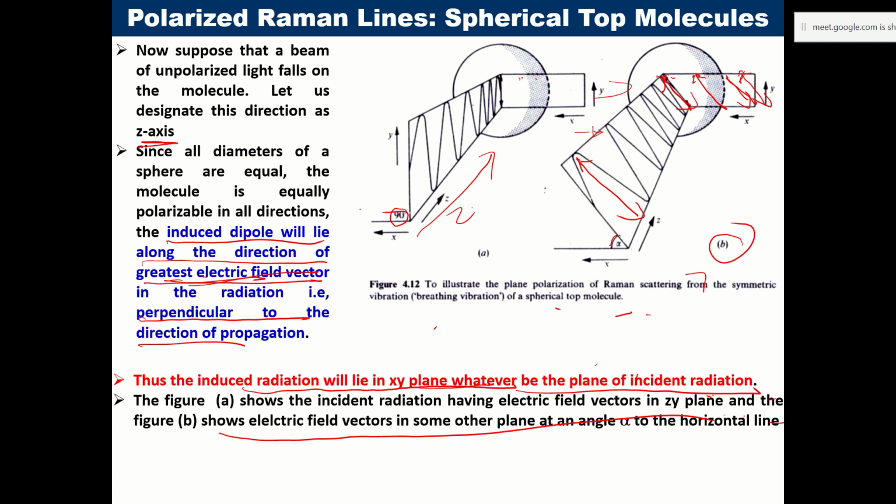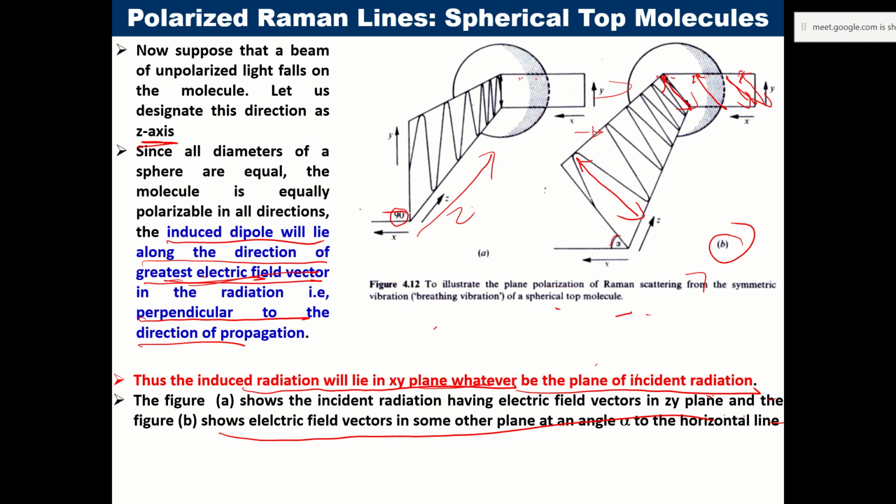So this example shows that whatever be the direction of the incident radiation, the scattered radiation that we are seeing at right angles to the incident radiation will have oscillations of the electric field vector in only one plane, that is the xy plane.